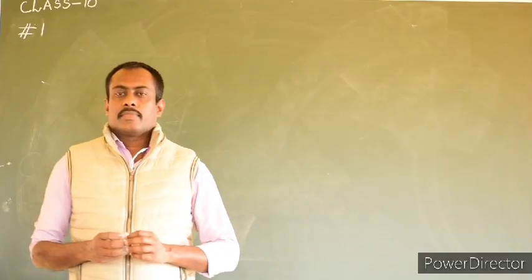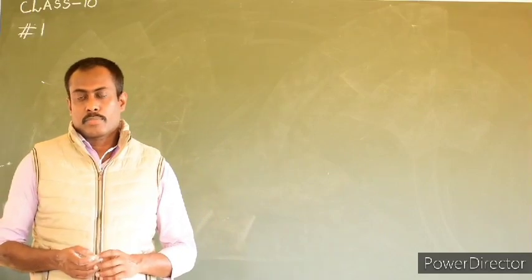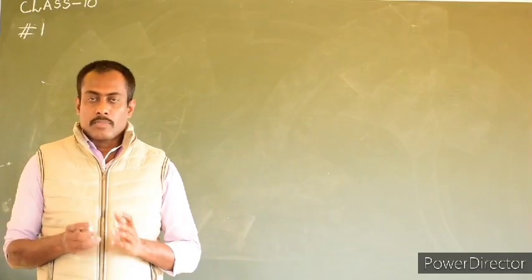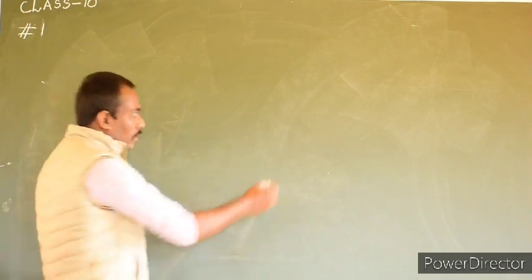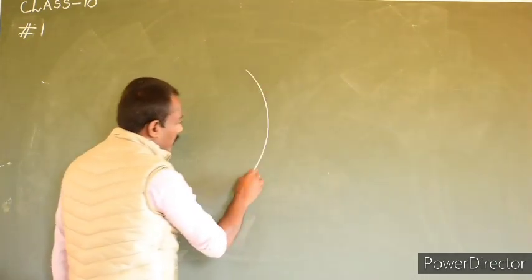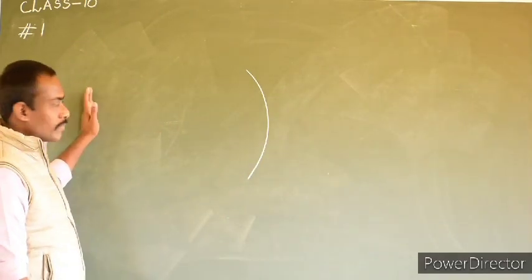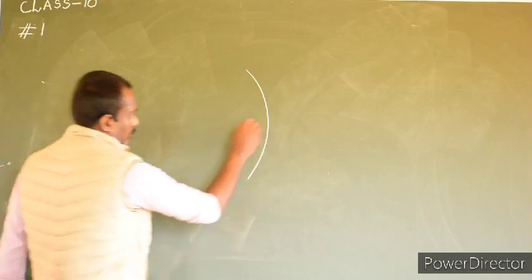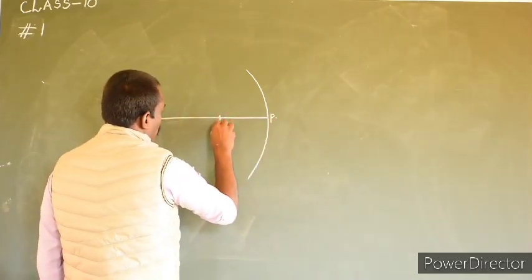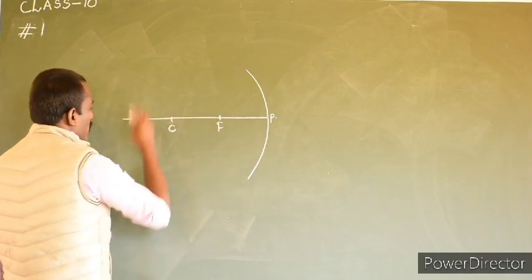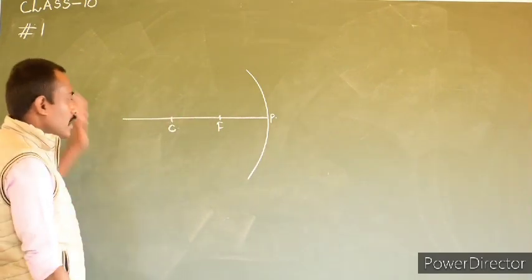Now let us discuss how a concave mirror produces an image when the object is kept at different positions. First, let us see how a concave mirror produces an image when the object is kept at infinity. So this is the pole of the mirror, principal focus, center of curvature, and here the position of the object is at infinity.